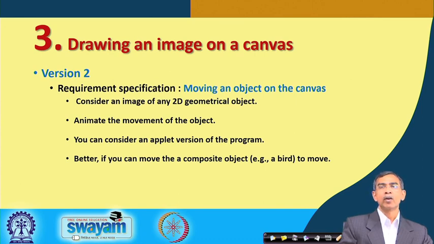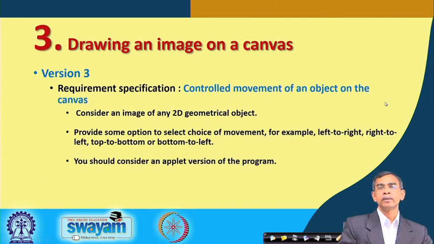For example, you can draw a bird using a few straight lines and then a point and a dot, and then the same can be moved together, so that it will appear as an animation of a bird moving. So, this is the idea about moving an object on an image canvas, and you will really enjoy it if you can implement it, but a little bit of patience and confidence is also required.